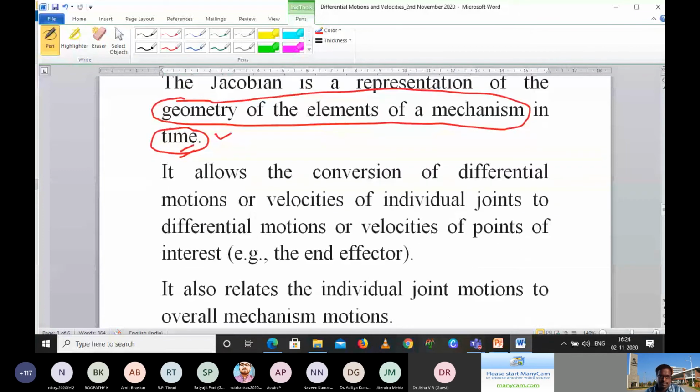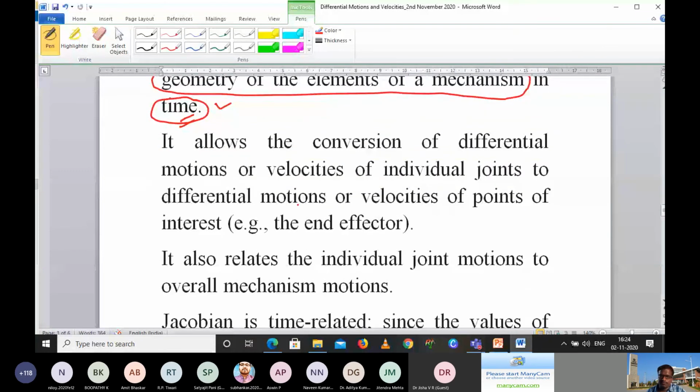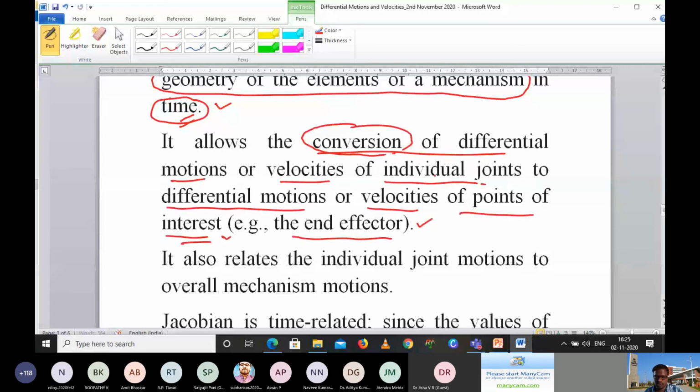The second one is that it allows the conversion of differential motions or velocities of individual joints to differential motions or velocities of points of interest. Where you want, you can make it. Particularly, we are looking only at the end effector, so we will do it there. The very important thing is the conversion of differential motions or velocities of individual joints to differential motions or velocities.